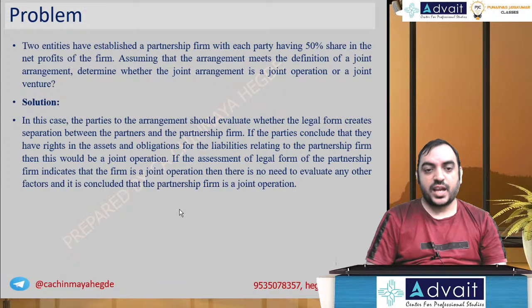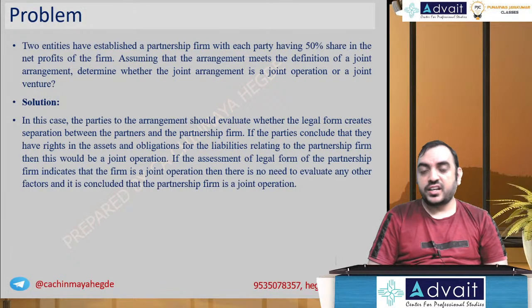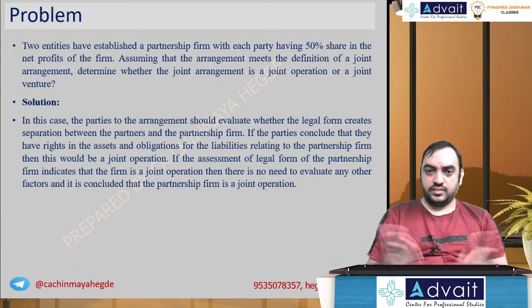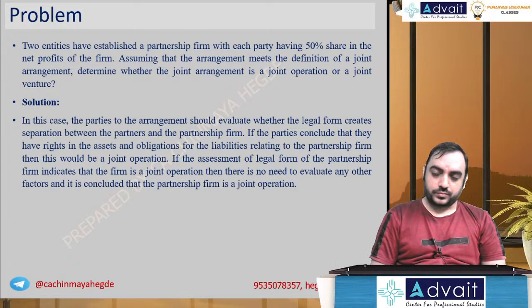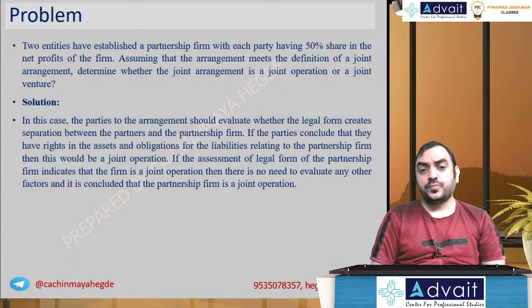Two entities have established a partnership firm with each party having 50% of the share in the net profits of the firm. Okay, having 50% ownership. Assuming the arrangement meets the definition of joint arrangement, is it a joint operation or a joint venture? The question is open-ended, so the answer has to be open-ended. They've established a partnership firm.